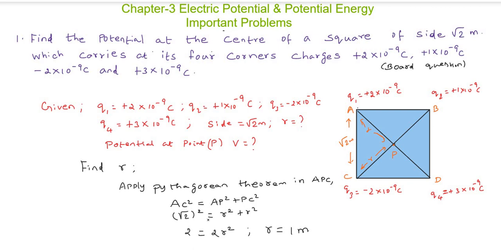So root 2 squared equal to AP squared plus PC squared, where AP and PC equal R. Root and square cancel each other. 2 equal to 2 into R squared. So 2 by 2 equal to 1, R squared equal to 1, R equal to 1 meter.